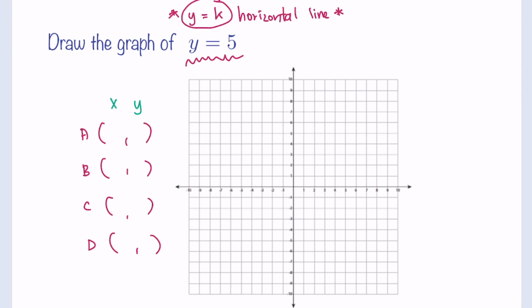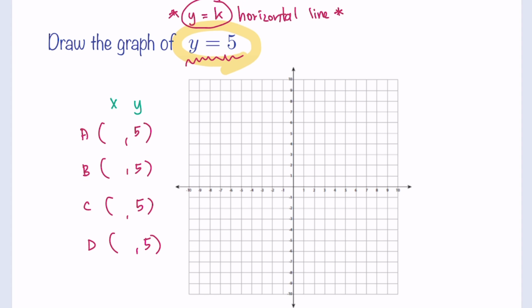And from the question that they gave us, they said, make sure your y equals 5. What that means is my y coordinates for my points all have to be 5, and it cannot be anything else. But I can choose what I want for my x's.